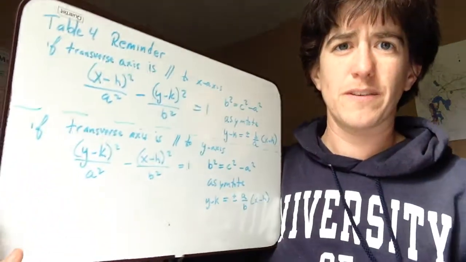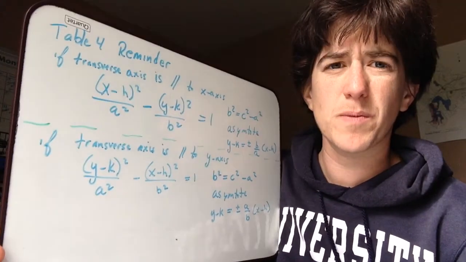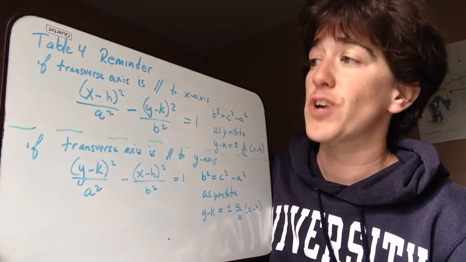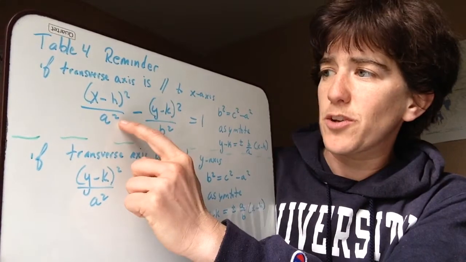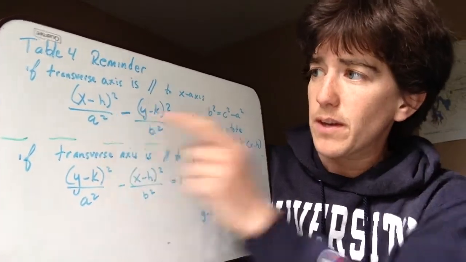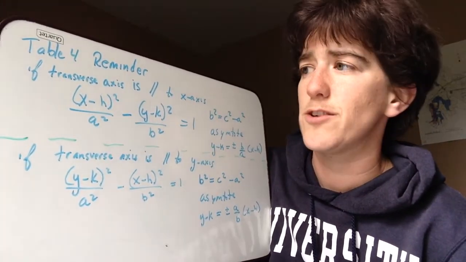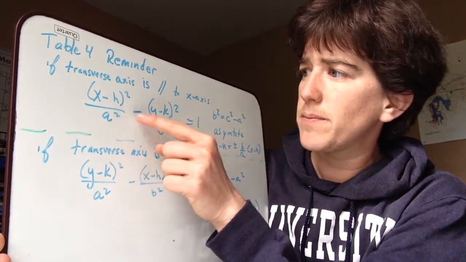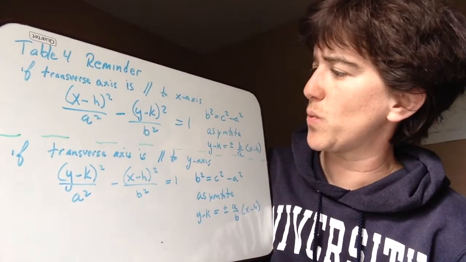Now in your books you also have this valuable table 4. This is just a reminder, but something that we're going to be making use of here momentarily. If my transverse axis is parallel to my x-axis, this is my base equation: x minus h squared over a squared minus y minus k squared over b squared equals 1.